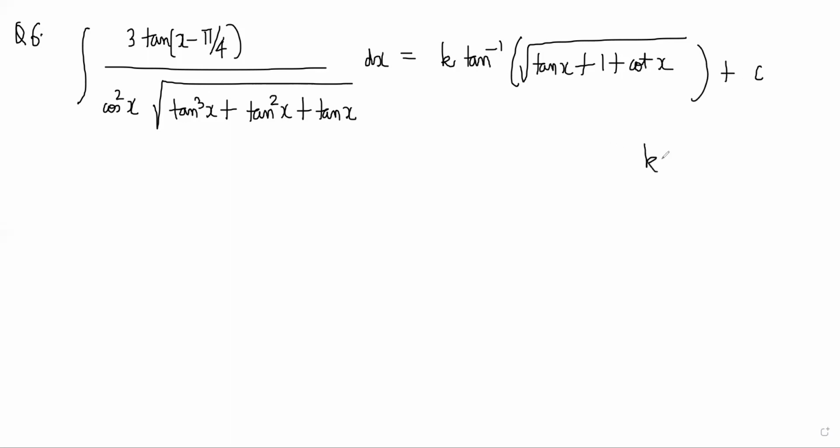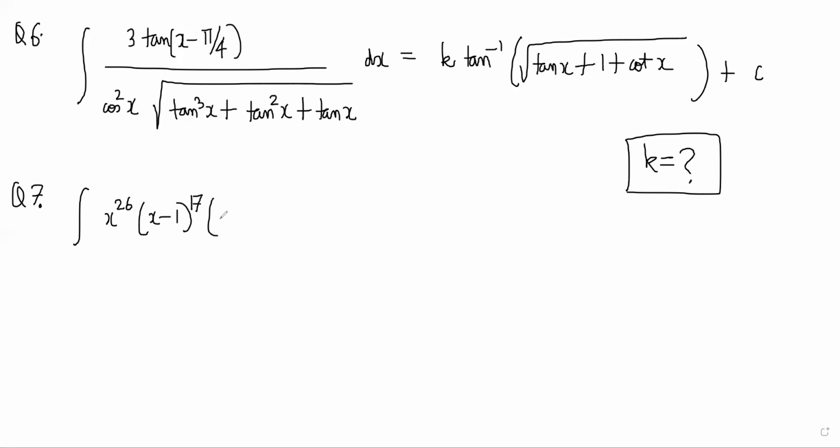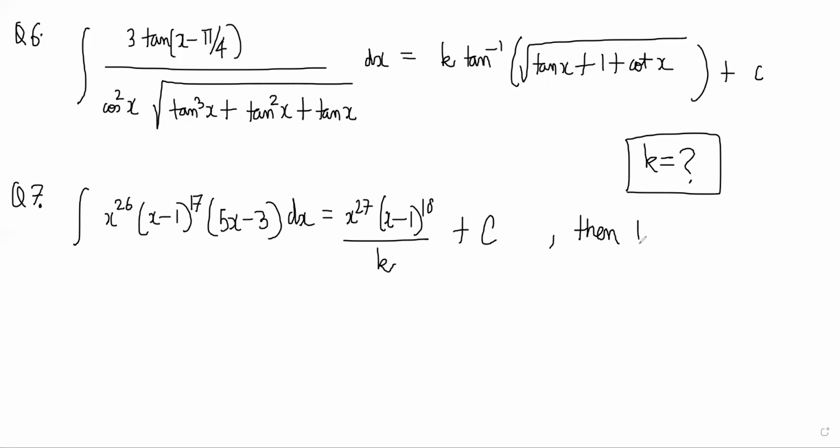You have to find k. This is the first question. The second one is, if the integral of x power 26 times (x minus 1) power 17 times (5x minus 3) dx is equal to x power 27 times (x minus 1) power 18 by k plus c, then find k.